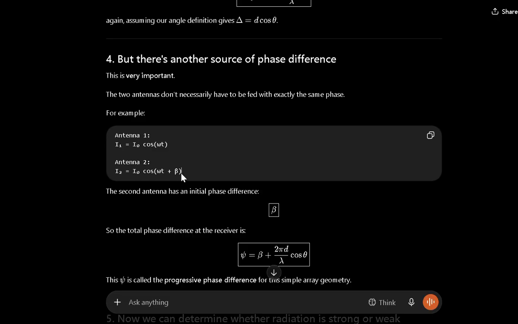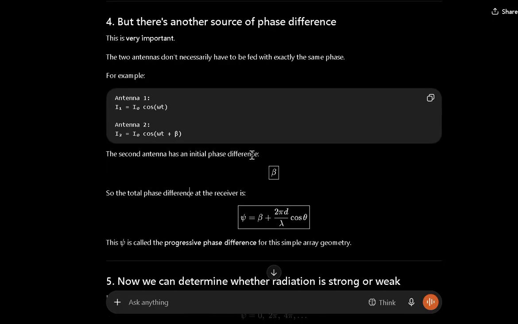This is the leading phase current, from the antenna. Comparing both, this one is leading: I0 cos of omega t plus beta. So beta is the initial phase difference. So the total phase difference at the receiver is the progressive phase difference beta plus 2 pi d by lambda cos theta.